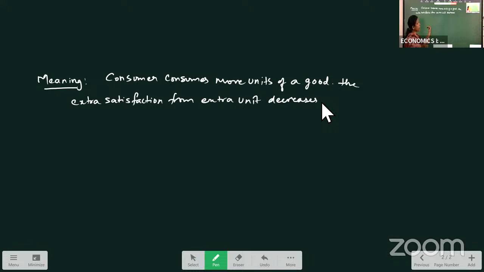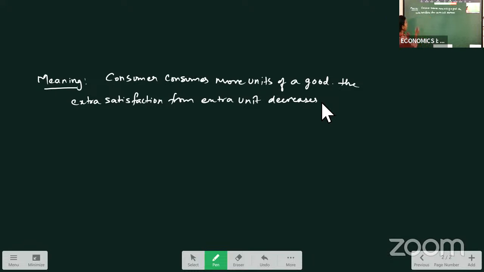In diminishing, what they are saying is, when we consume one additional unit, like an extra mango, I should get extra satisfaction, but that extra satisfaction decreases as I increase the units. That is the meaning of this law.